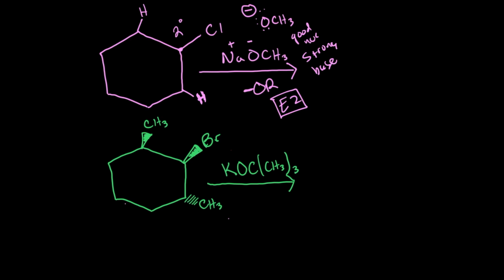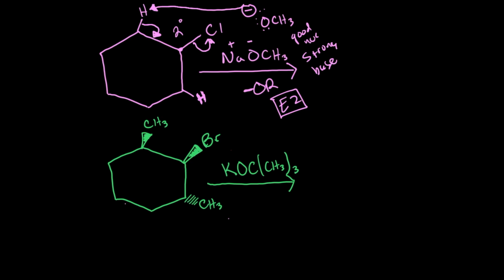E2 is referring to that we're going to have a bimolecular state, which means in one fleeting moment, this oxygen is going to be forming a bond with this hydrogen, and this Cl group at the same time is going to be kicked out.